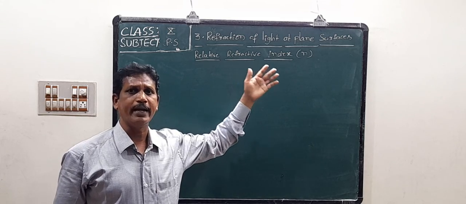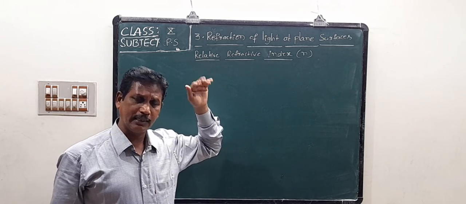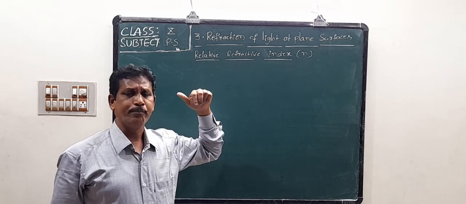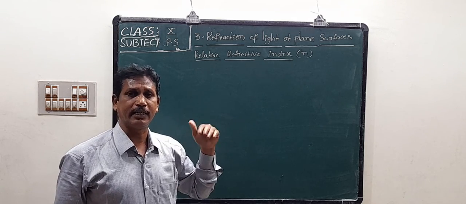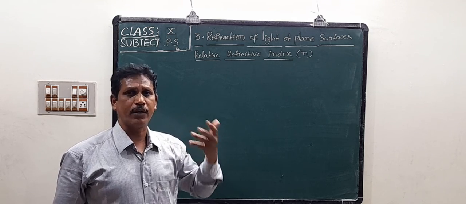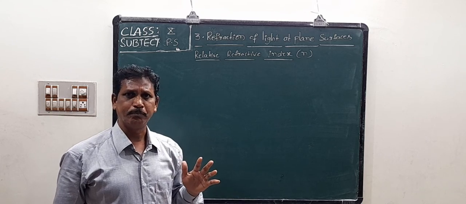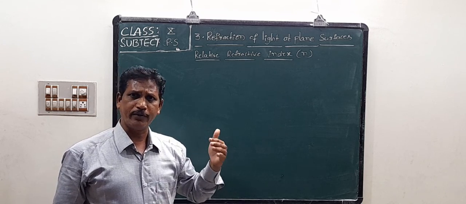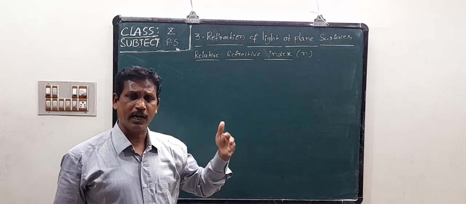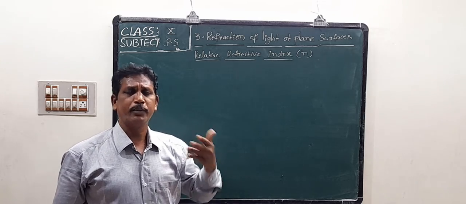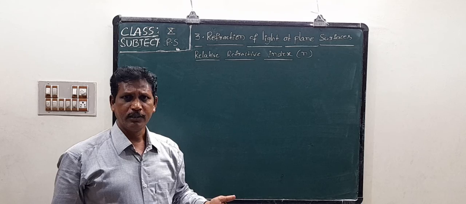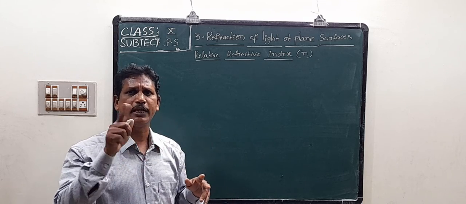Relative refractive index. In the last class, we discussed the refractive index, that is the absolute refractive index, denoted by small n. It is defined as the ratio between the speed of light in vacuum to the speed of light in a medium. So refractive index n equal to c by v.